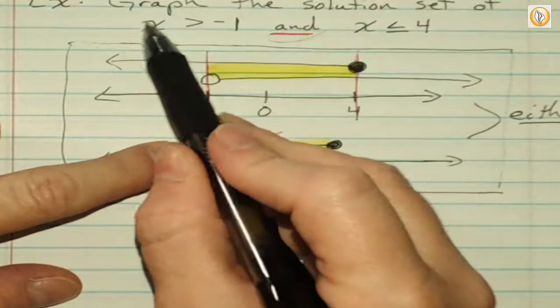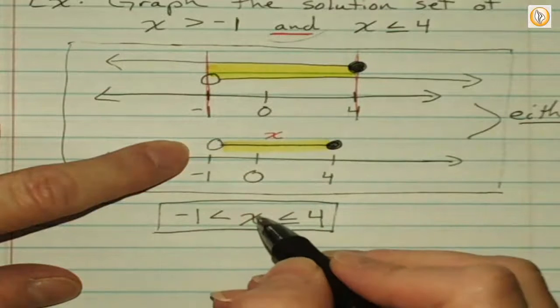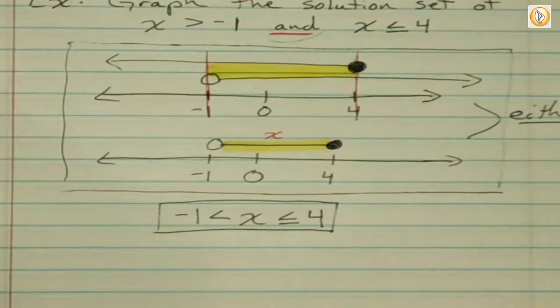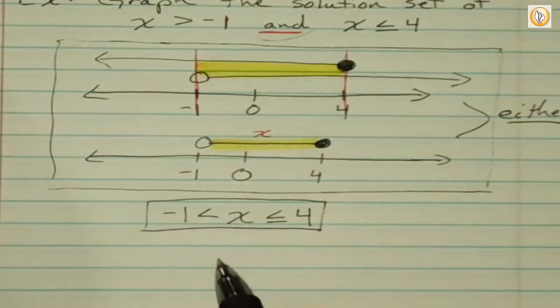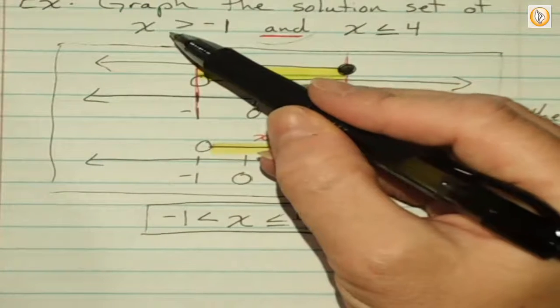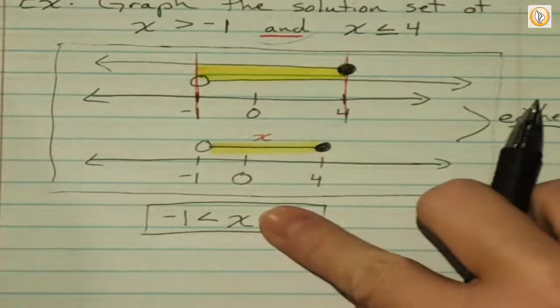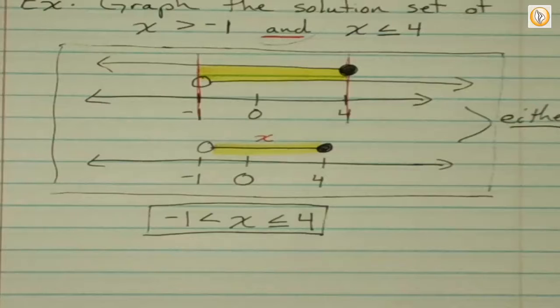See, x is any number greater than -1. So x is greater than -1. Do you see that? It's just switched sides. But look at the alligator mouth. See how it's facing the x there? And it's facing the x here. Do you see that? Okay, are you sure?